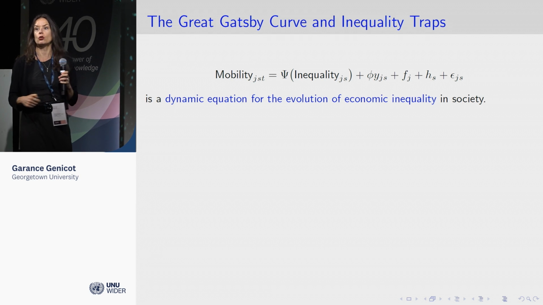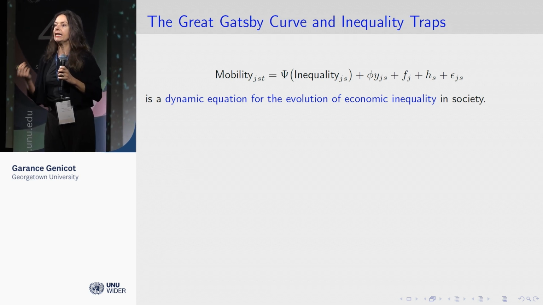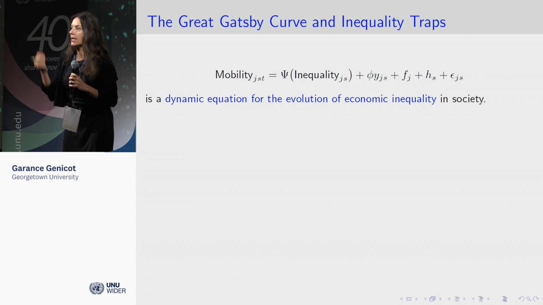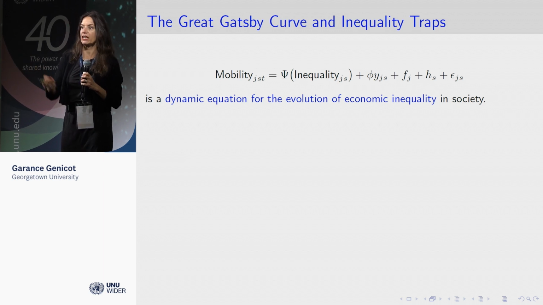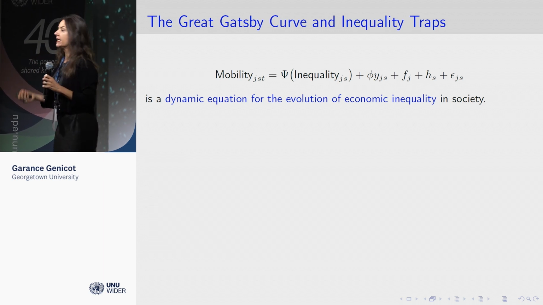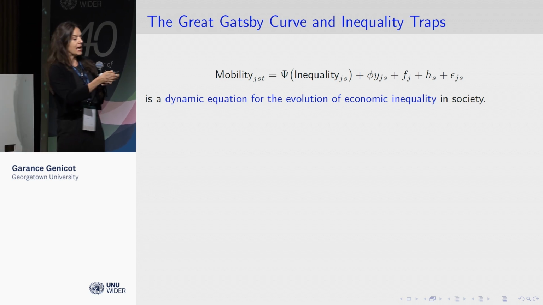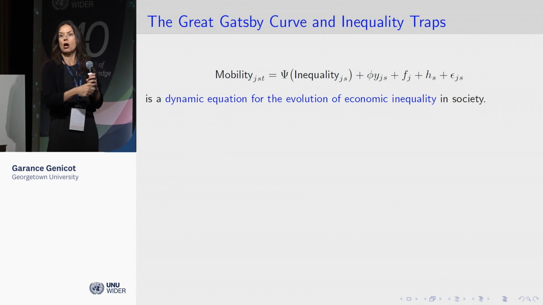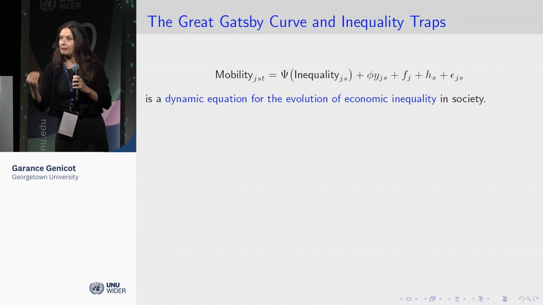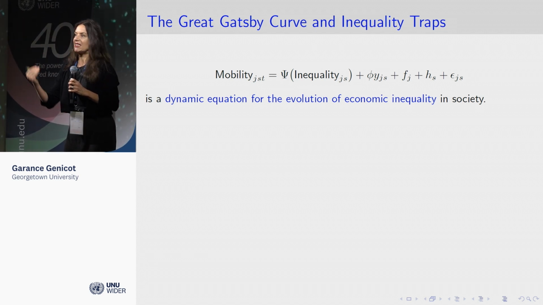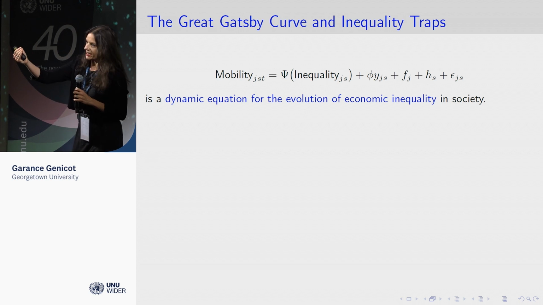Why? Because I just told you that mobility is a measure of how equalizing growth has been. When you look at the relative upward mobility, it's just how equalizing the mobility has been. And then you look at what inequality at baseline means for how much equalization you have.